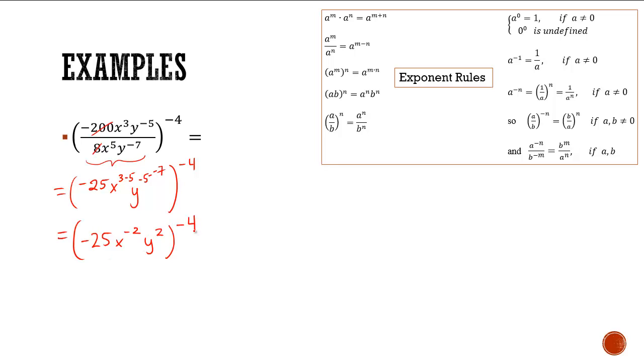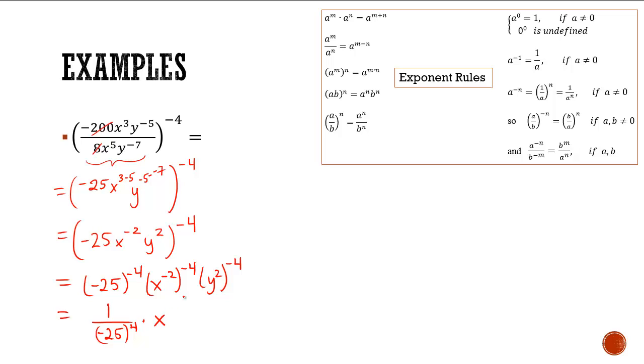So now if we apply this outside exponent to every term inside, it's perhaps a little easier. So you've got negative 25 to the power of negative 4. Well, in order to do that, you have to release the negative exponent. So you have negative 25 still in brackets, but to the power of 4 now.